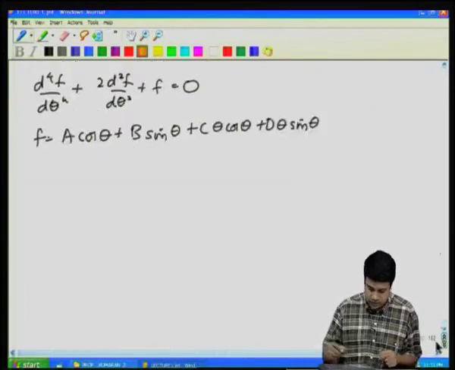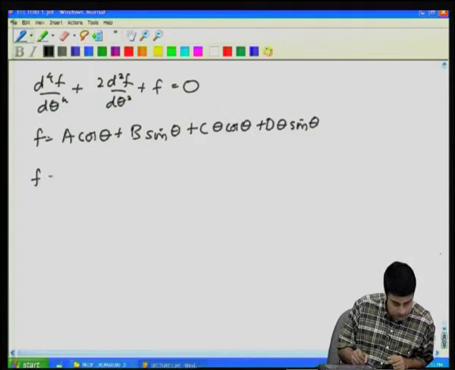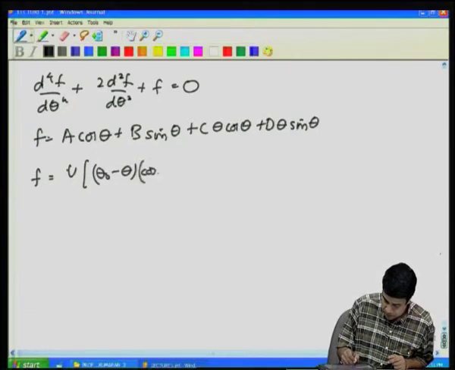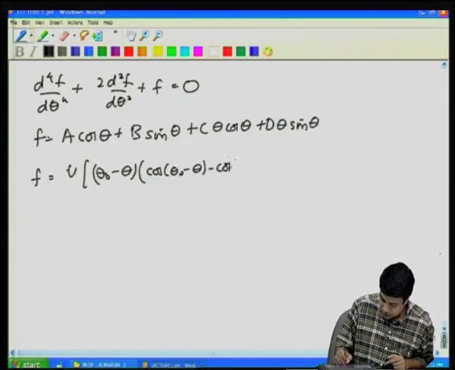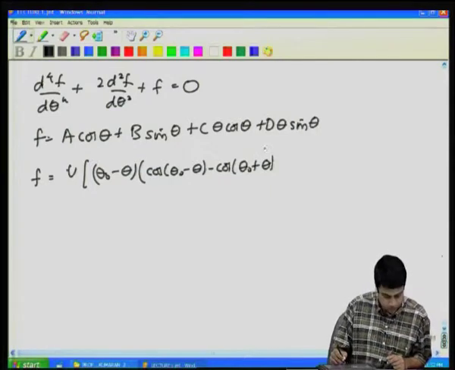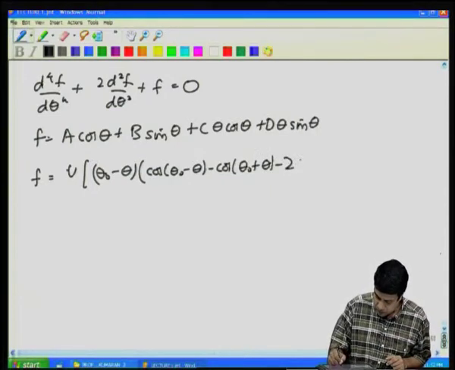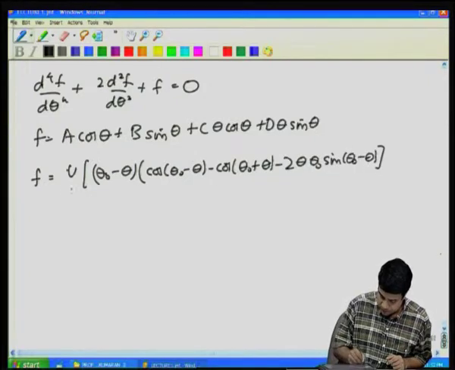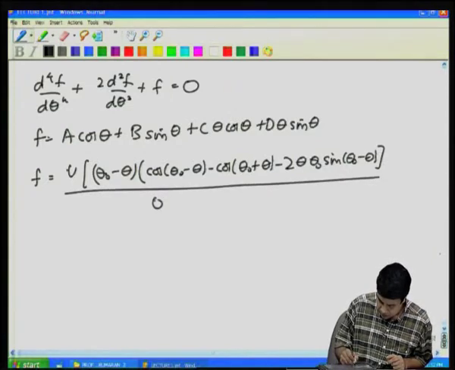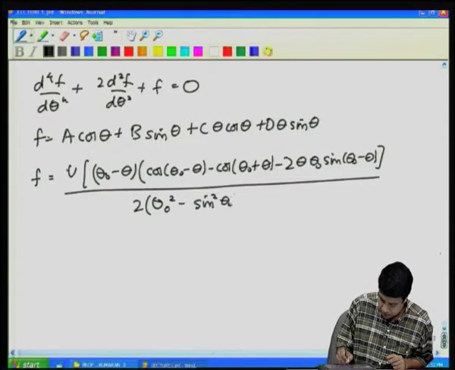I will not go through the details, but I will just give you the final solution, that is f is equal to u into theta naught minus theta cos, minus cos of theta naught plus theta, minus 2 theta theta naught sin, divided by 2 into theta naught square minus sin square theta naught.